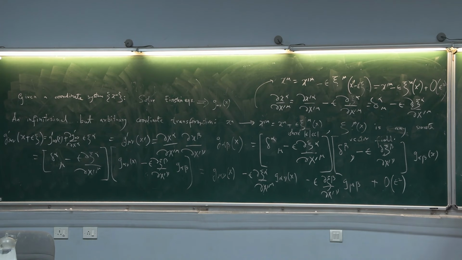I hope this part is clear. But now you will say, oh, there is this del xi alpha by del x prime mu. Because everywhere everything is x, na? I would like to do something about it.